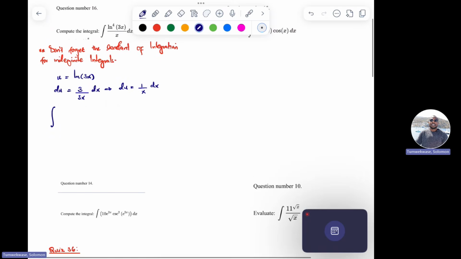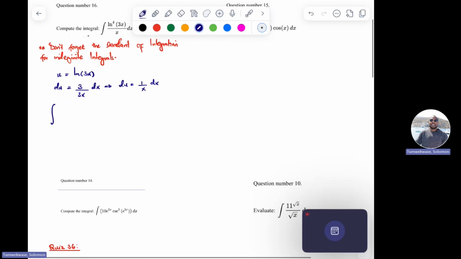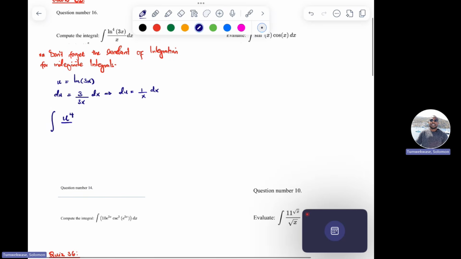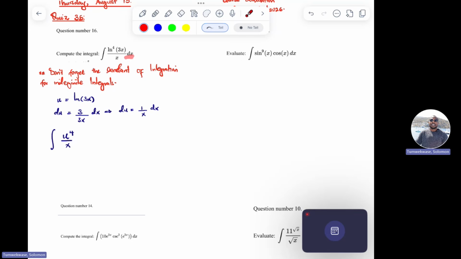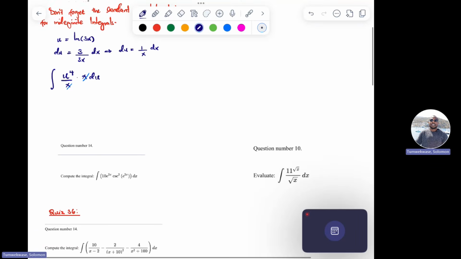Natural log of 3x, we said, let that be equal to u, so that will be u to the power 4 over x times dx. From this expression, dx is the same as x times du, and when I do that, this x can cancel.